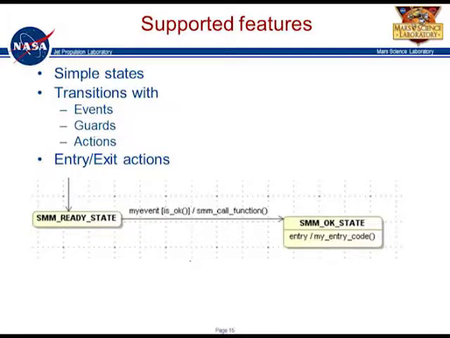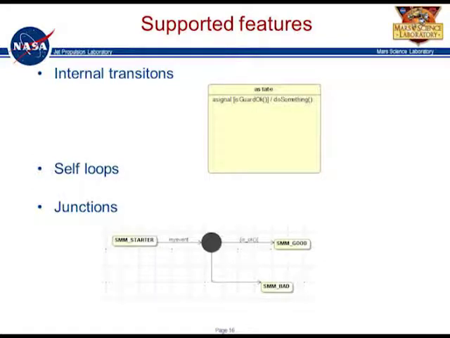Here's an example of an internal transition. So we're staying inside the state, and we got this event. We're not going out of it. And if the guard says it's okay, then we'll perform some action, but we won't change the state. We also support self loops, junctions, as you can see here, kind of like an if statement.